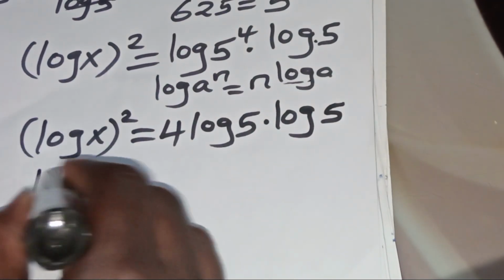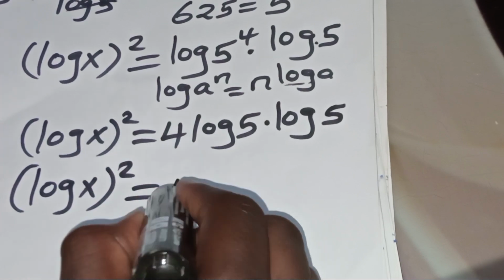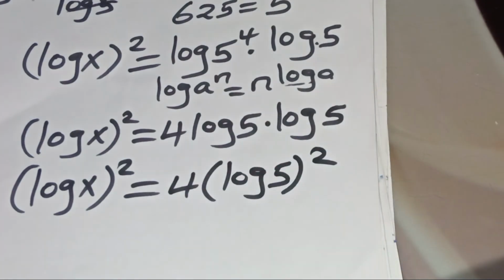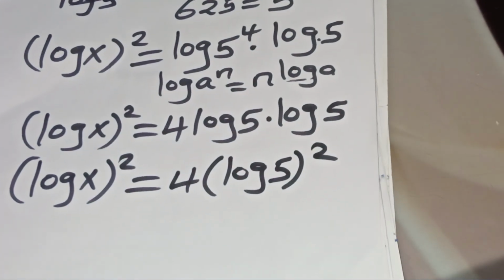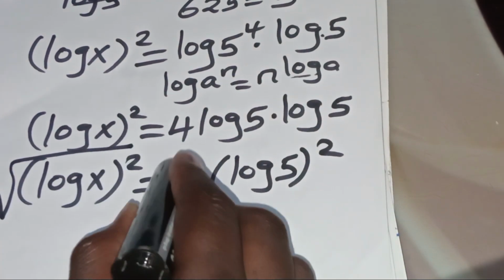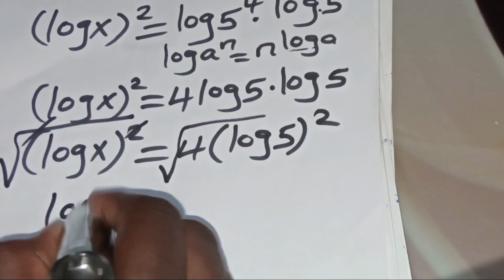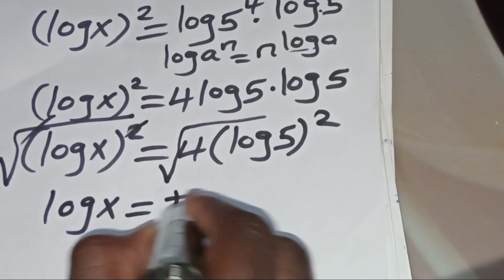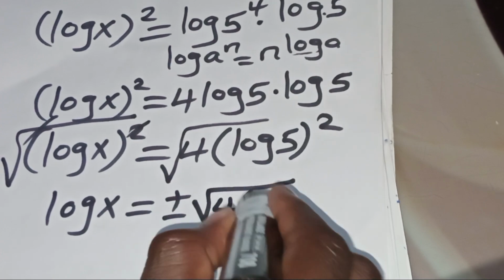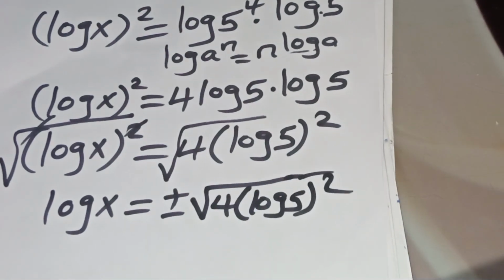Now we have log x squared basically equal to 4 log 5 squared. So for log x, we introduce the square root sign on both sides, so that log x is equal to plus or minus the square root of 4 log 5 squared.